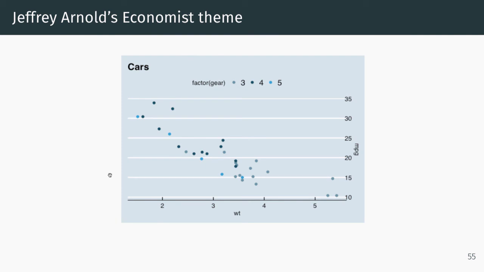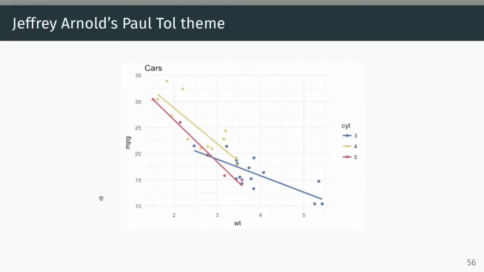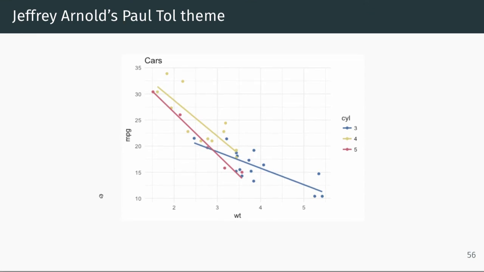Another one is The Economist, and you should also read The Economist. A professor once told me that The Economist is the one publication that most presidents and heads of state throughout the world read. Paul Toll, you can just Google Paul Toll. Paul Toll has a guide for color use that's really good.